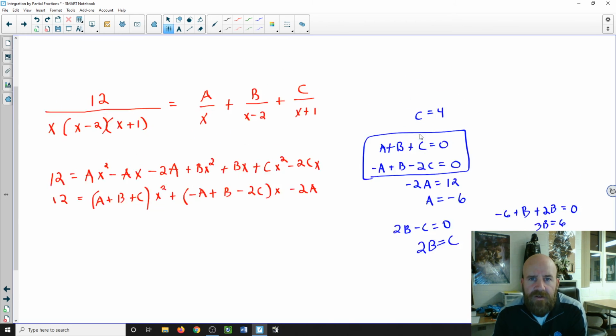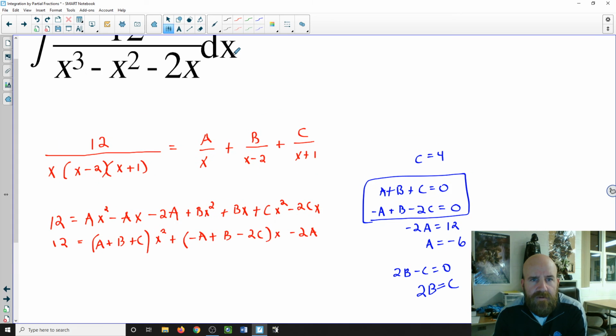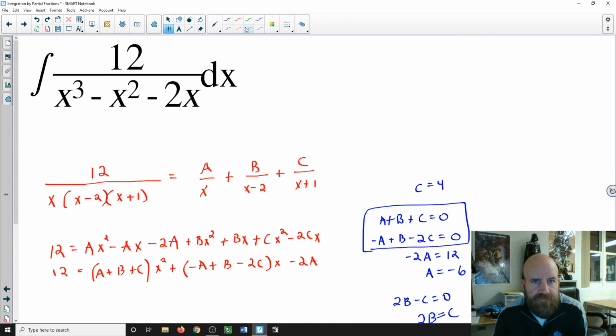So now I have all of our fractions here. So when we go ahead and rewrite our integral, we're going to go a, which was negative 6 over x. So make sure we're keeping these in the same order too. So always look back and see which variable was over what factor.